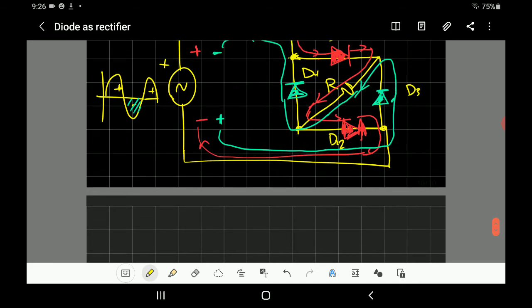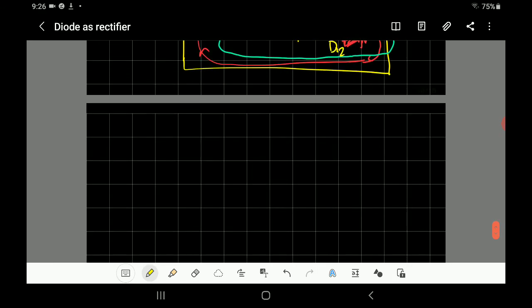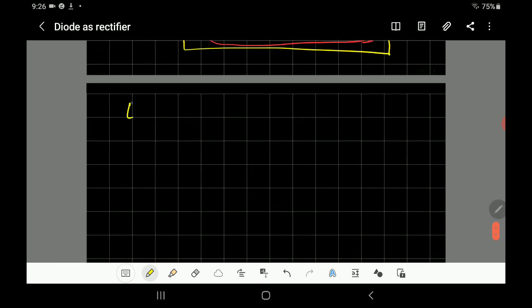Let's have an example. I will take just a nice drawing here. Let's say that you have resistance equal to 2 kilo ohm, and the supply voltage is equal to 15 sine omega t. And you have silicon diodes.